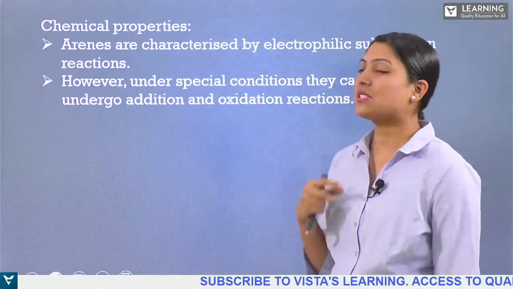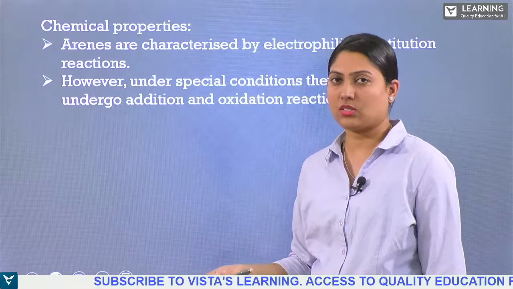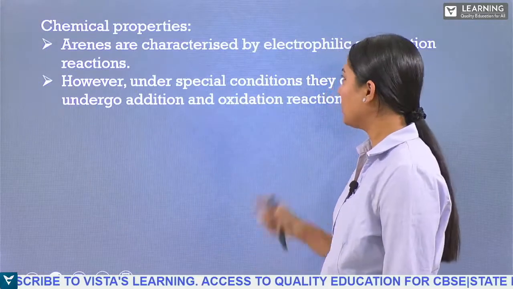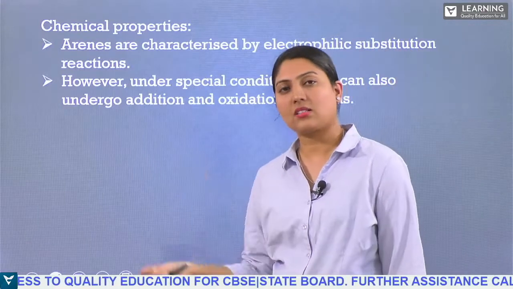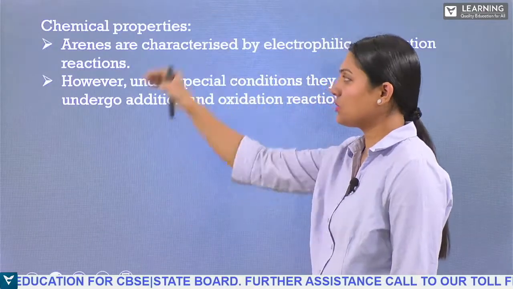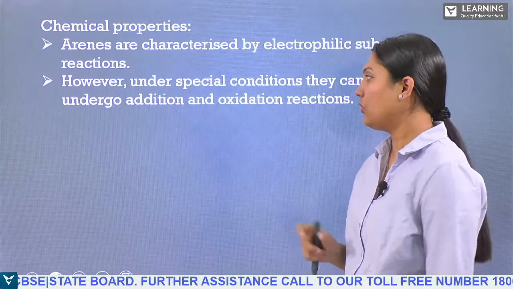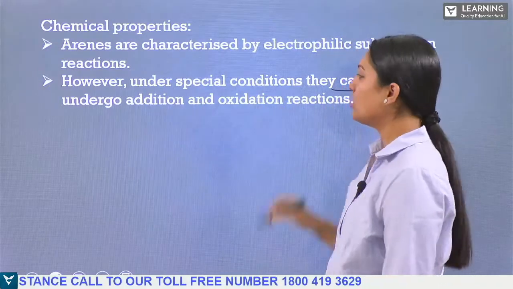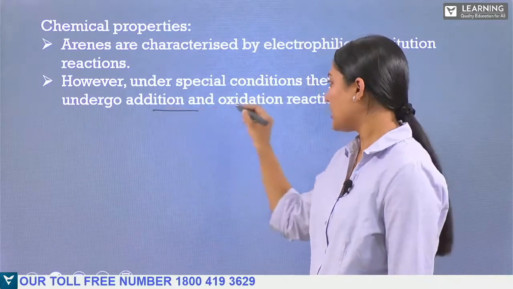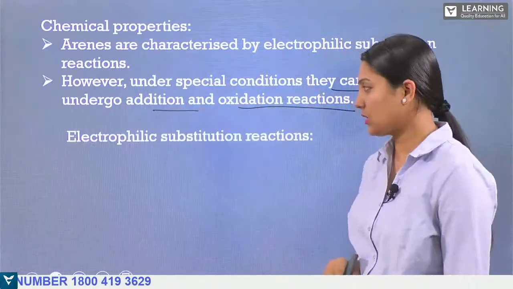The one which is attracted towards electrons or negatively charged particles is called an electrophile, and the reaction where they are substituted is called an electrophilic substitution reaction. However, under special conditions, they can also undergo addition and oxidation reactions.